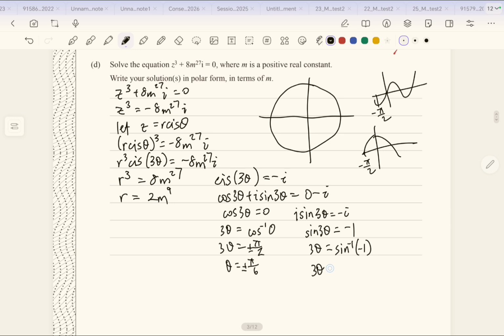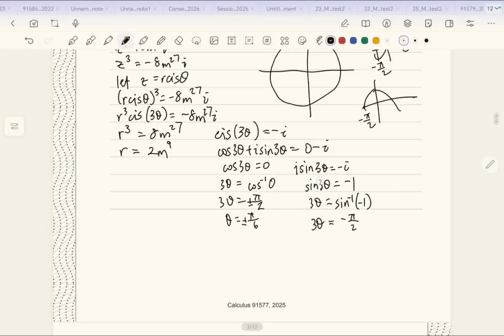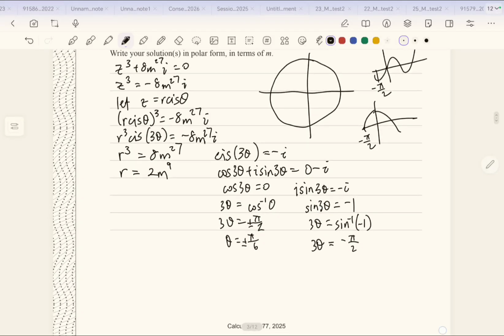So 3 theta can be pi on 2 or negative pi on 2. We'll just take one value first, the common value between the two. So both can be negative pi on 2. So theta equals negative pi on 6.